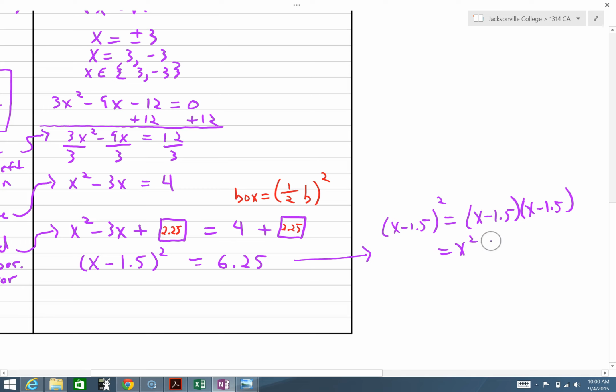X times minus 1.5 is minus 1.5x. Now the inside two, minus 1.5x. And the last two, negative 1.5 times negative 1.5 is a plus 2 1/4. Negative 1.5x and negative 1.5x yields negative 3x. So we can see that this equation here is the same as that one.